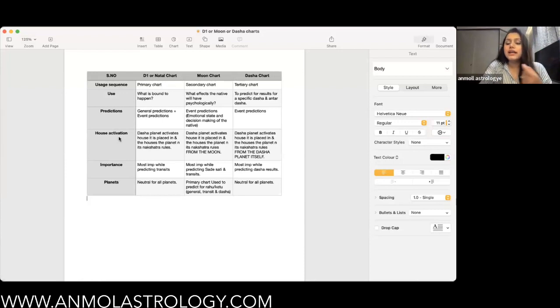It is not like D1 chart predictions will not match a particular native, but the moon chart will. Because actually, in some cases, the predictions related to the moon chart or Chandra chart match more, because that's about how you are feeling about the circumstances. See, anything and everything can be going on within your surroundings, right?